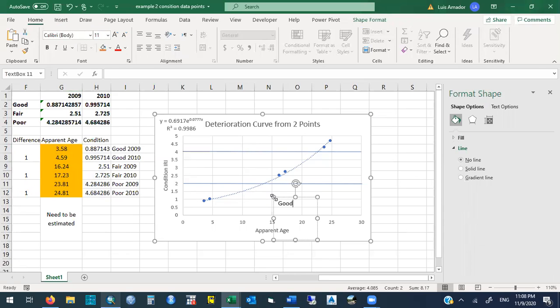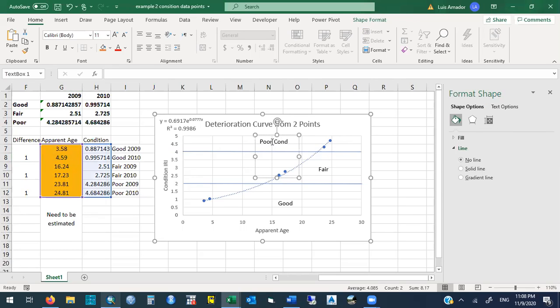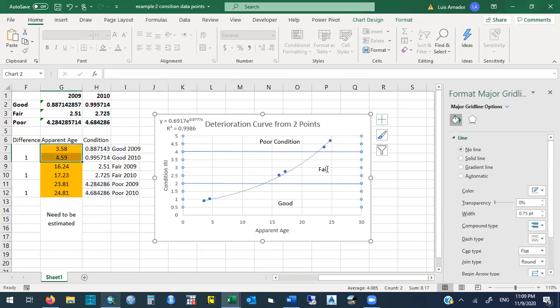So this is your good. This is your fair. And this is poor condition, right? And we're talking about RI condition.